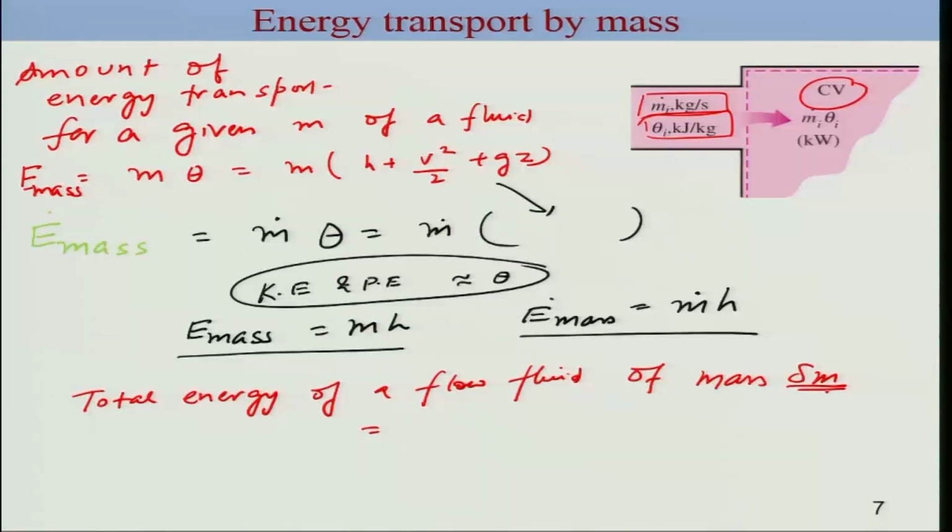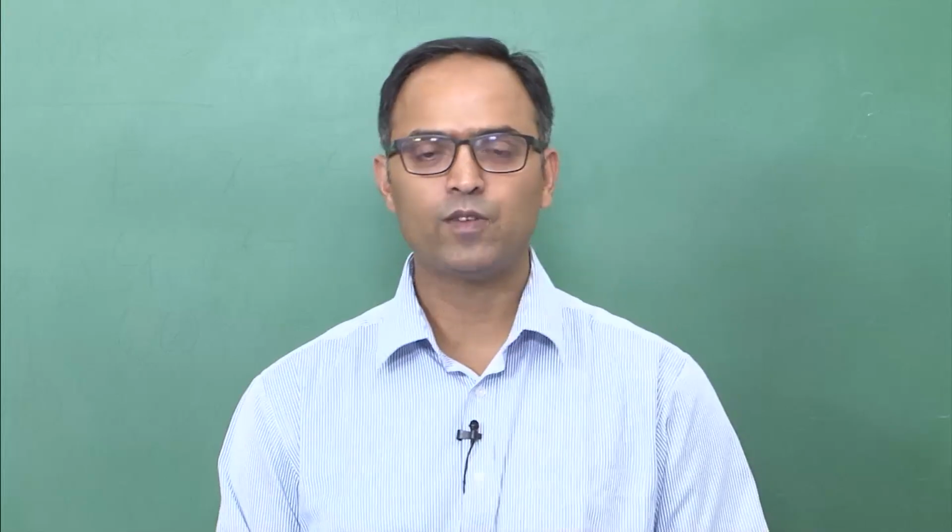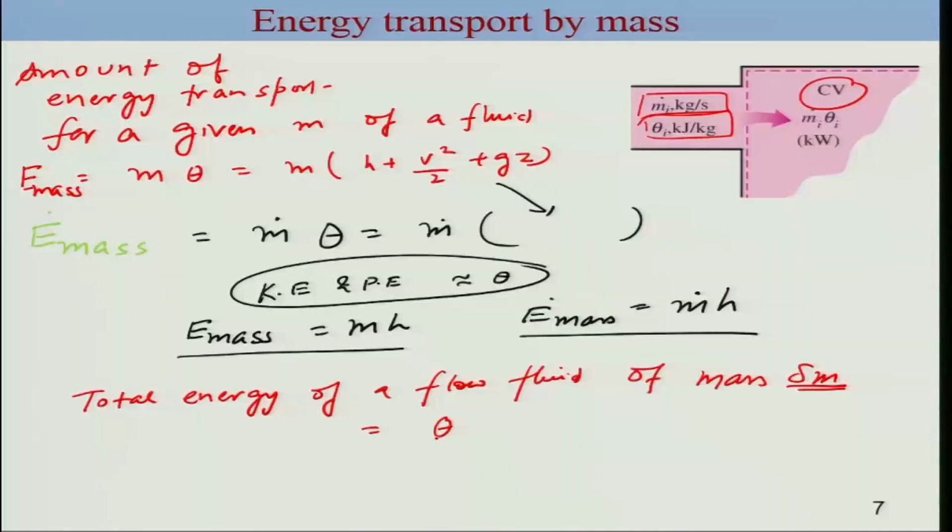So in such a case we can simply multiply theta, assuming that theta is the total energy of this flowing fluid, for the specific mass which we have considered. So we can make use of theta and multiply by delta m. Thus we can integrate in order to find the total energy transported by this mass, which would be simply the integral of theta delta m.